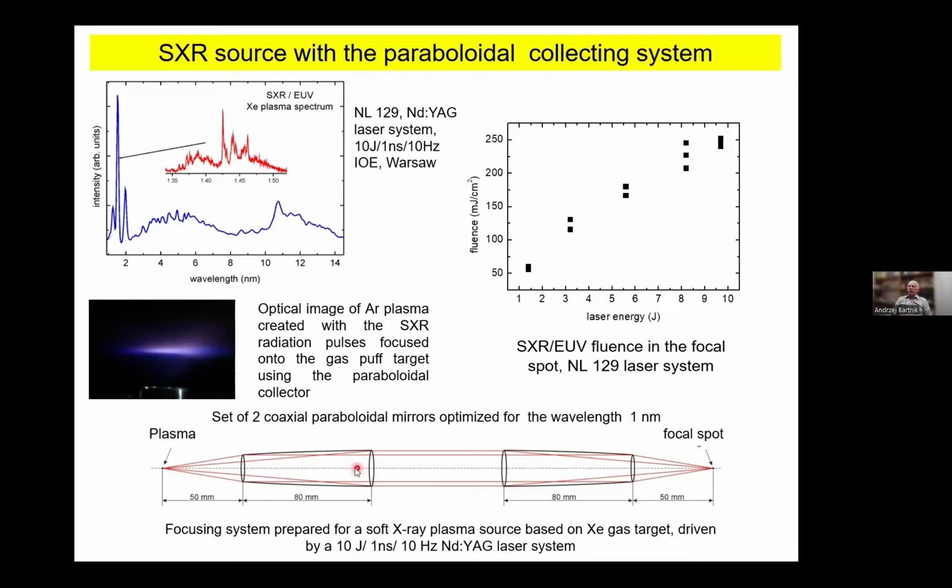For focusing, we can use not only the EUV collector, but also a soft X-ray collector. In this case, these are two paraboloids. In one of the foci, we have plasma, and in the second one, we have the focal spot, and we can irradiate various materials using the soft X-ray light, and the maximum of the fluence in this case is approximately 250 millijoule per square centimeter.